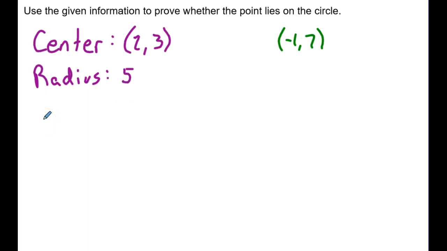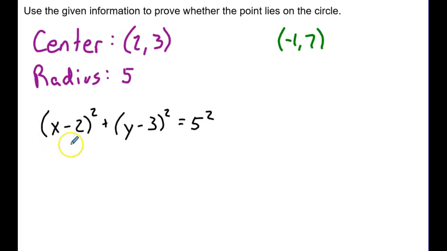The equation was (x minus h) squared plus (y minus k) squared equal to r squared. Plugging these values in, we get (x minus 2) squared plus (y minus 3) squared equal to the radius squared, so 5 squared. So here's the equation for our circle.